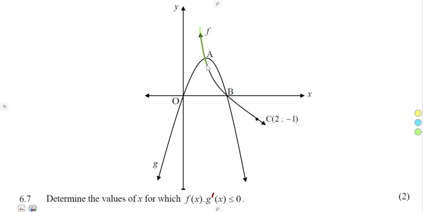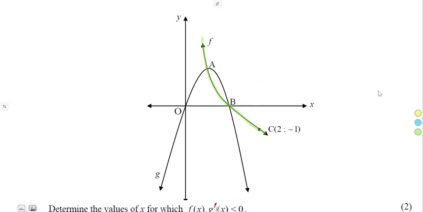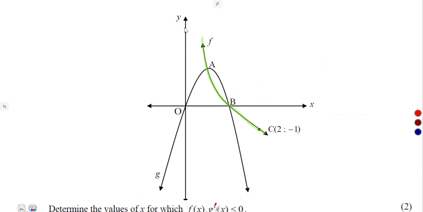That's a little part of a logarithmic graph, which has the y-axis as its asymptote. The y-axis is actually the asymptote, meaning it is part of the critical values, where x is equal to 0. It's also an asymptote, and it is the x-intercept of G. Do not worry about that.